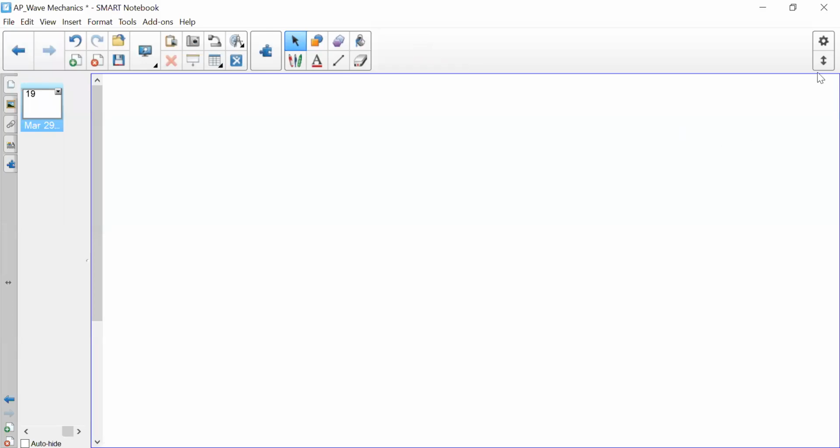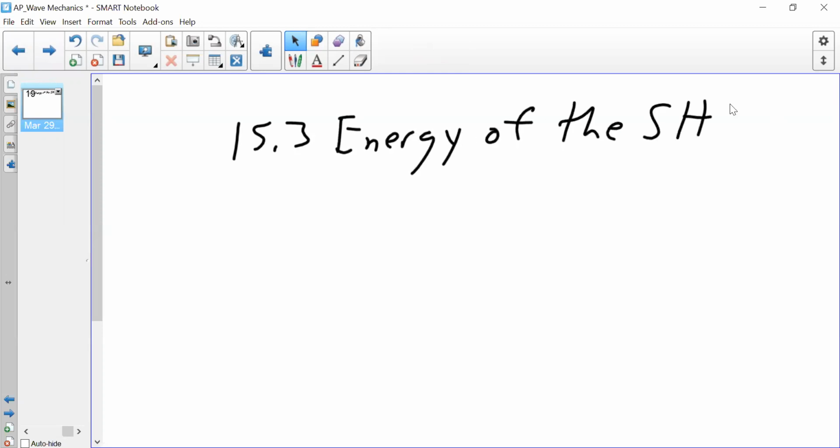Okay. So in section 15.3, we're going to be talking about the energy of the simple harmonic oscillator, the mass spring system, or any type of oscillator that is in simple harmonic motion. SHO, simple harmonic oscillator.